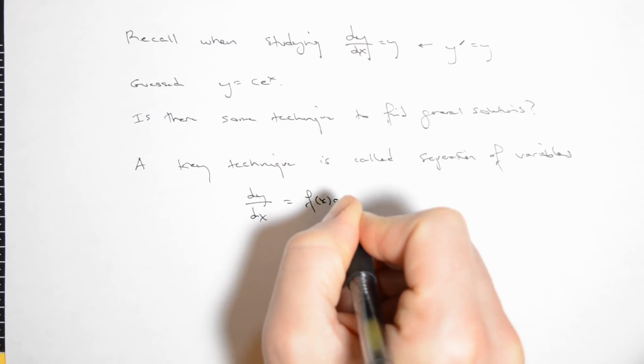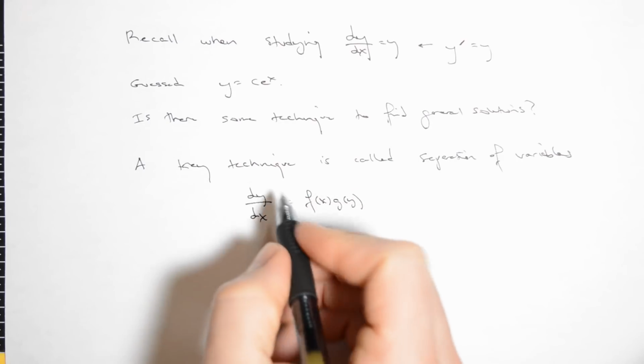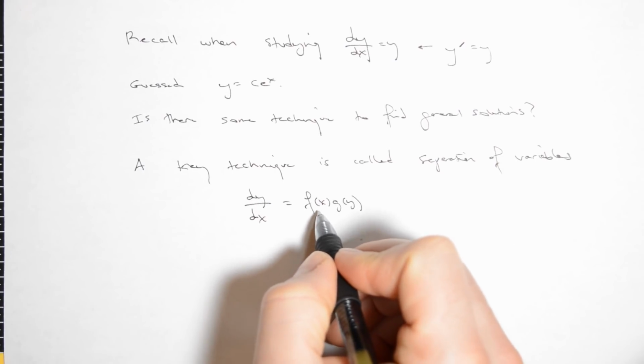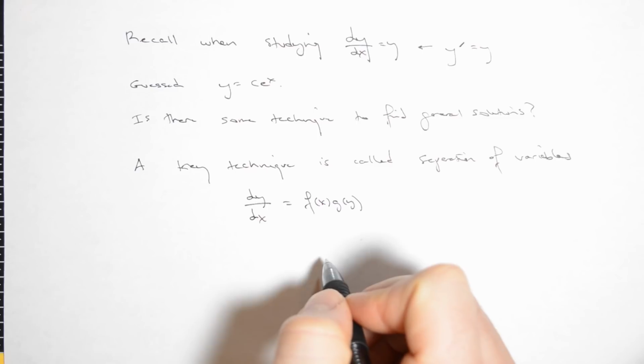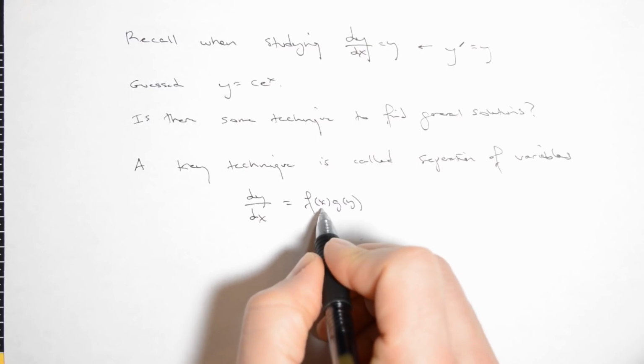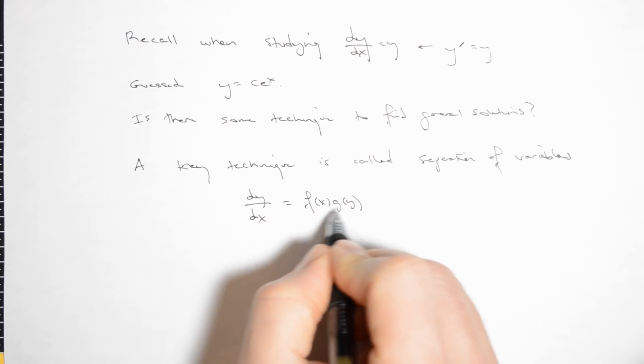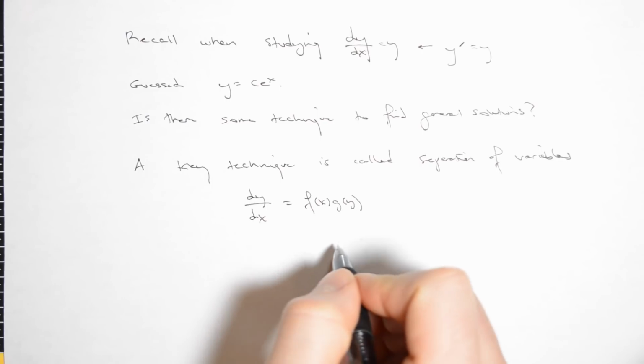that are being multiplied together. For example, we may have a differential equation of the form dy/dx = f(x) g(y). What we've done here is separate out the two functions, one all in terms of x and one all in terms of y, multiplied together.